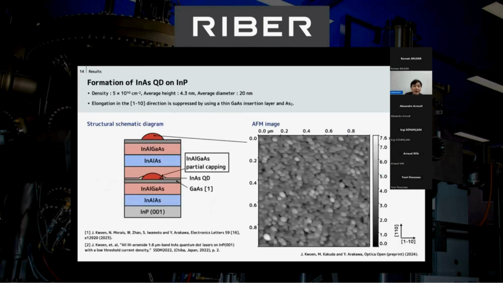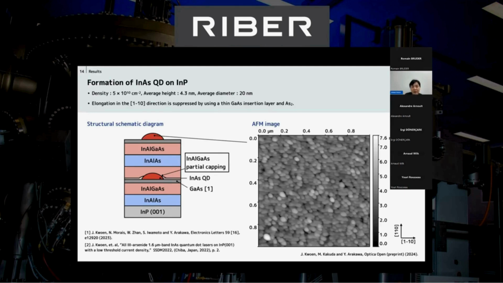Okay, after that, we grow the indium arsenide quantum dot on indium phosphide. Then we can obtain a density of 5 times 10 to the 10th of the indium arsenide quantum dot. The average height of the quantum dot was 4.3 nanometer.